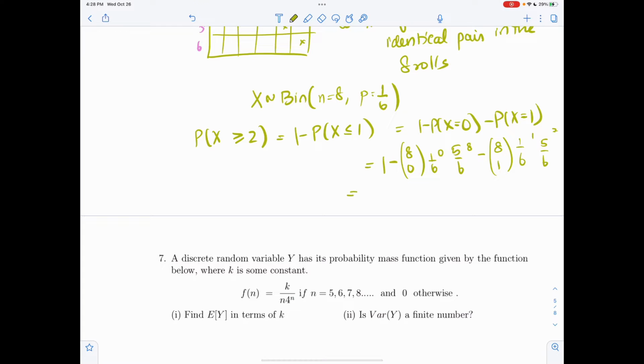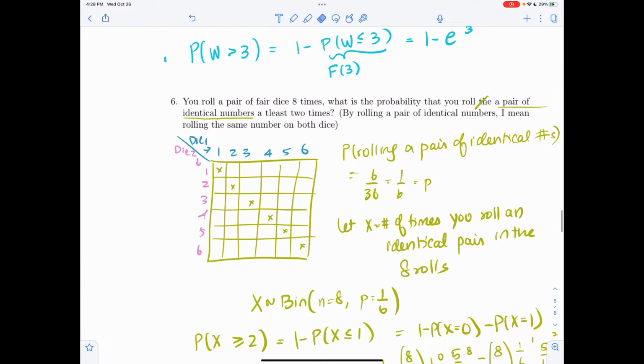So just simplify it. 1 minus 5/6 raised to 8, and then minus 8 times 5 raised to 7 over 6 raised to 8. I mean, we could write it like that. It doesn't matter. Okay, so that's that probability.